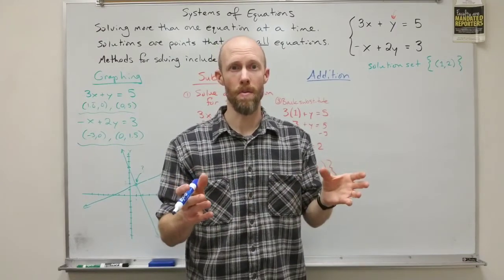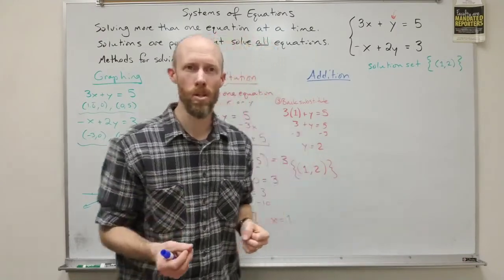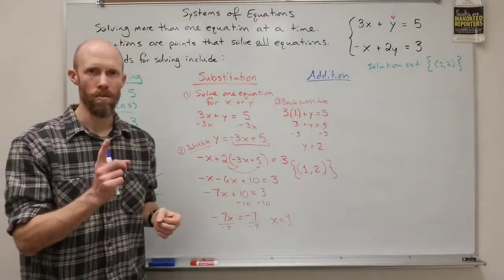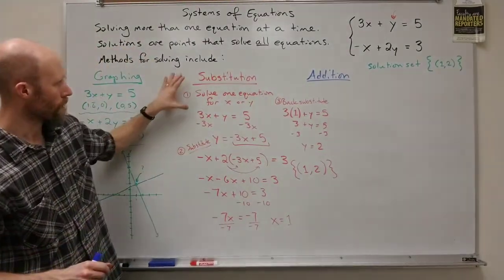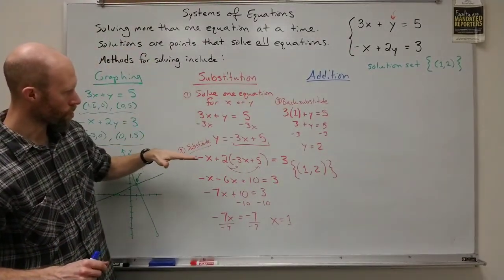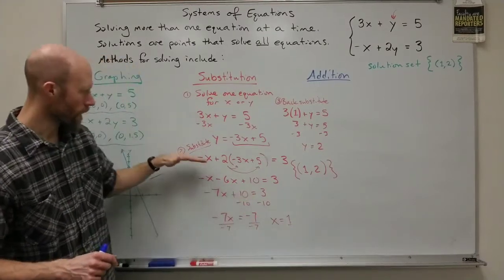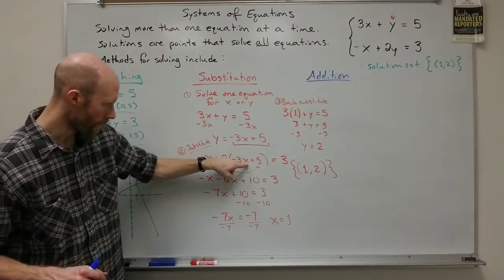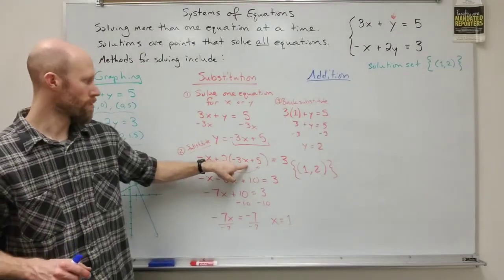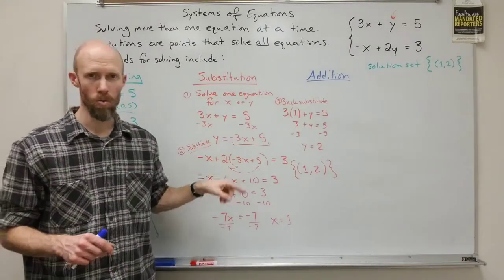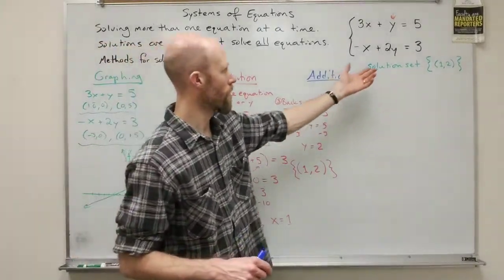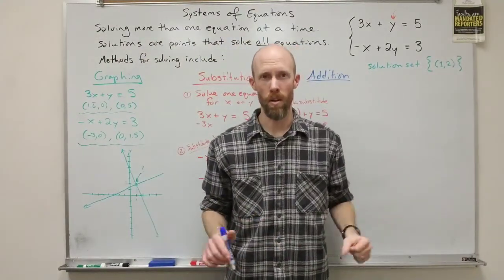One of the variables drops out. I cannot solve an equation unless it has one variable. In the substitution method, in order to actually solve for x, we had to get an equation that only had x in it. We had to substitute for the y so that we only had x. Here, if I have both x and y, it does me no good.